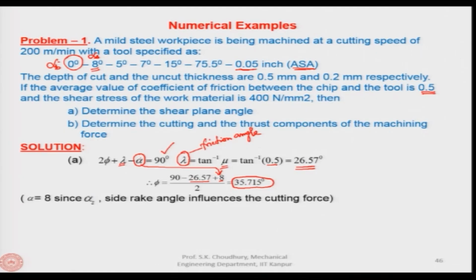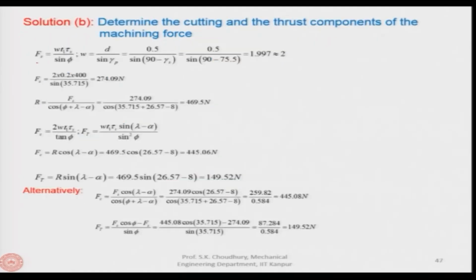We have to find out the phi because then Fs will be according to the formula that we have seen earlier. W is d by sin gamma p, we have seen that also in the cutting diagram. This is the shear plane like this, and here we have said that this is the D, the depth of cut, which is equivalent to T1 in the orthogonal case.